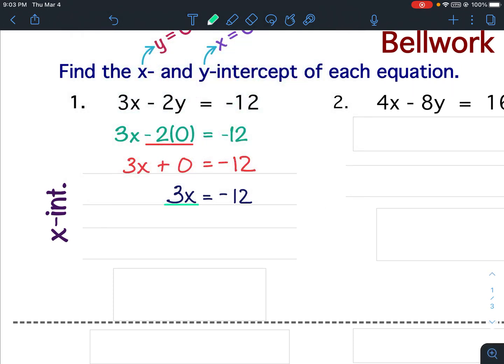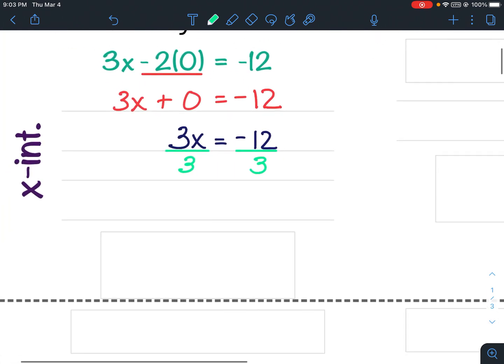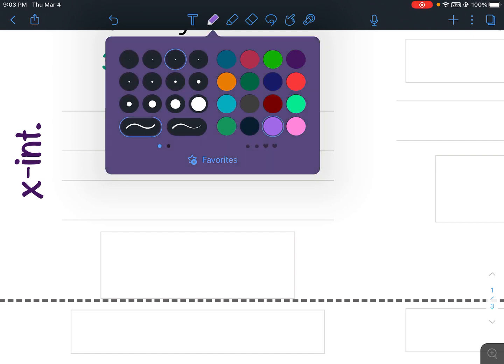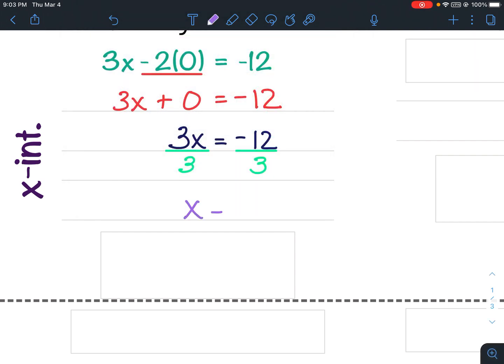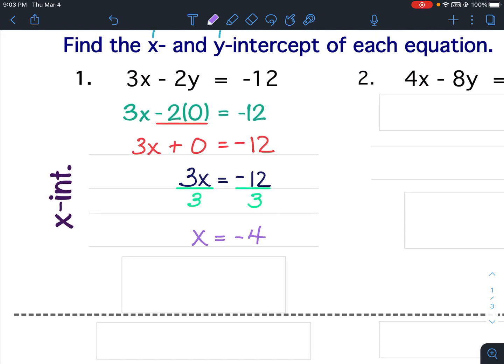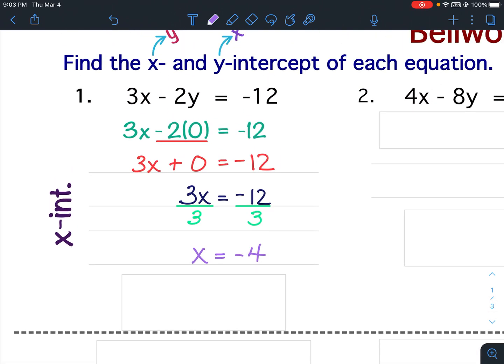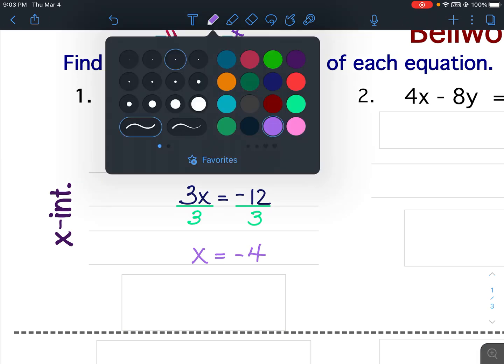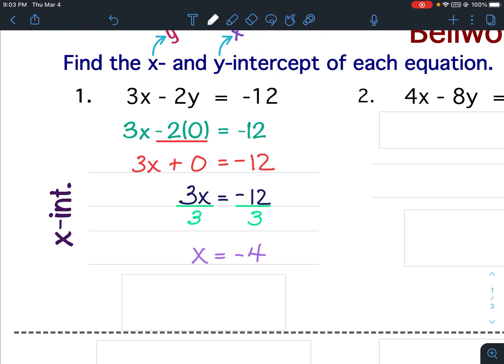Divide both sides by 3, and we have x equals -4. So again, you plug 0 in for y, and that means that y term goes away. Notice how, if you look up at the original equation, when we plugged 0 in for y, this ended up going away. So we no longer see the y term.